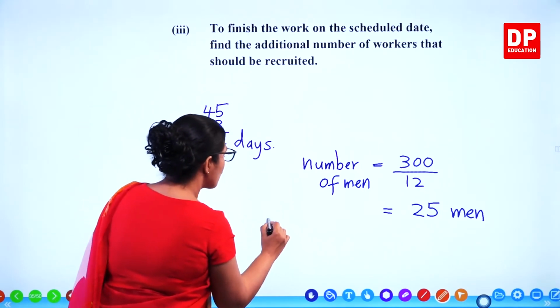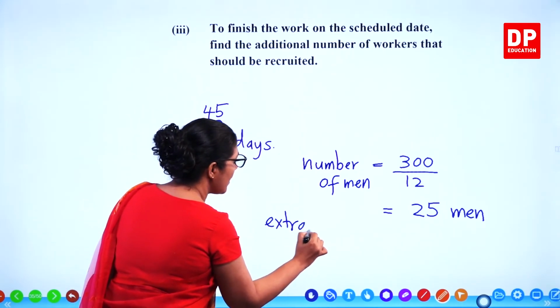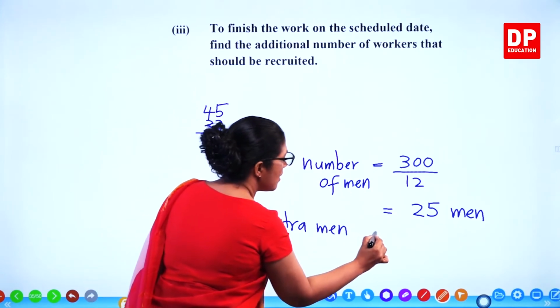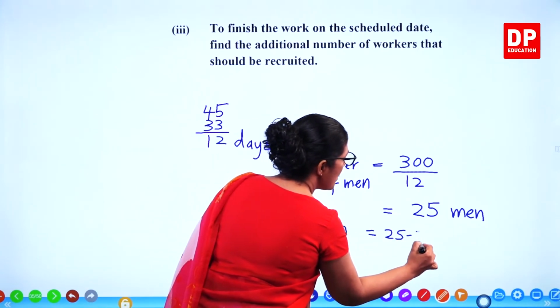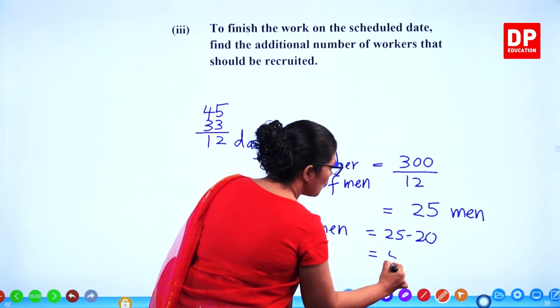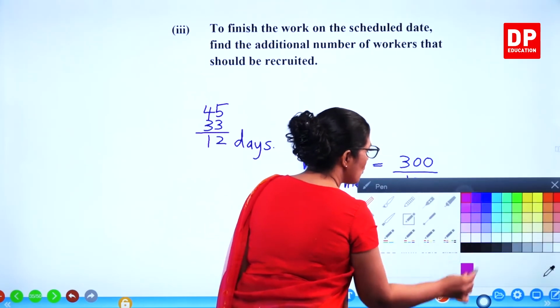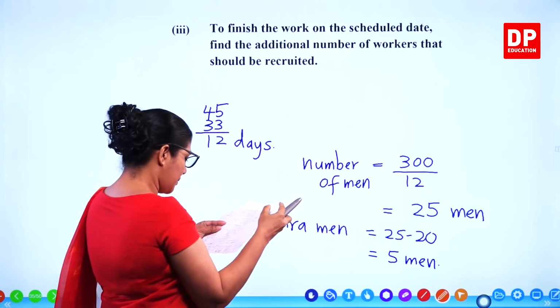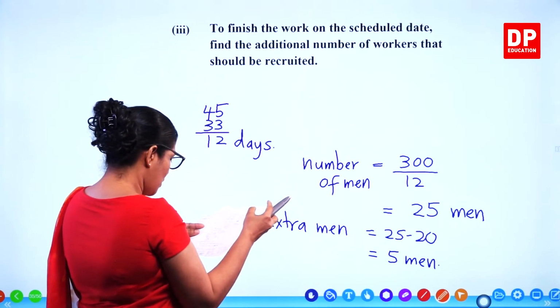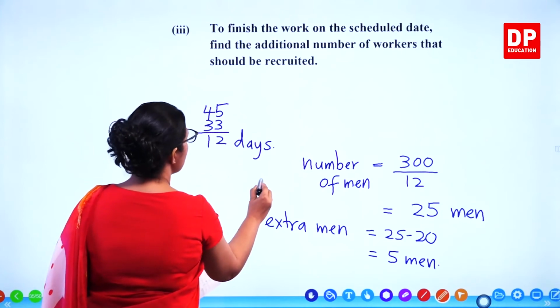So how many extra men needed? Extra men is 25 minus 20. So 5 men needed extra. So how many marks for that part? So you are getting 2 marks for this.